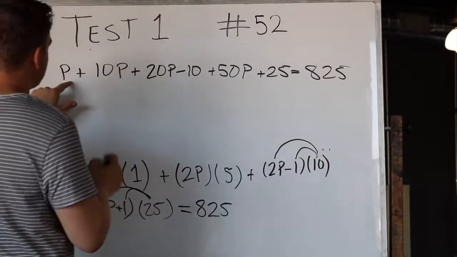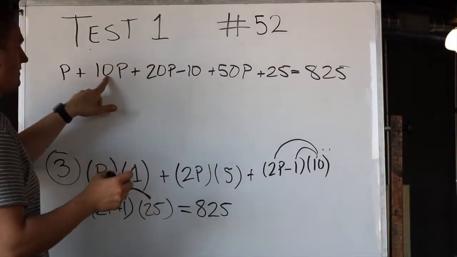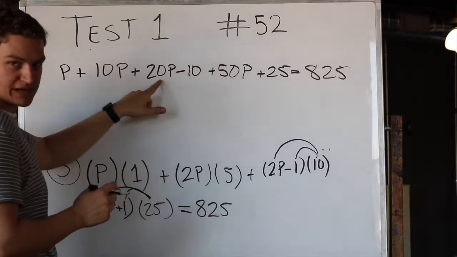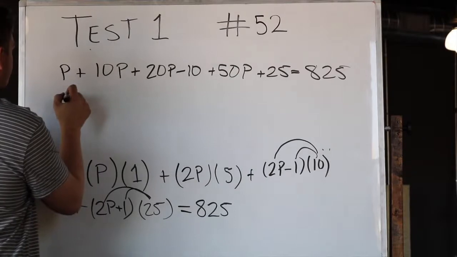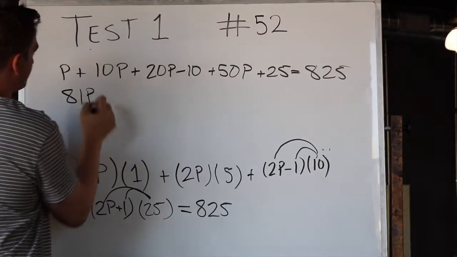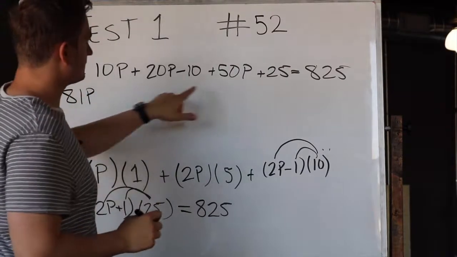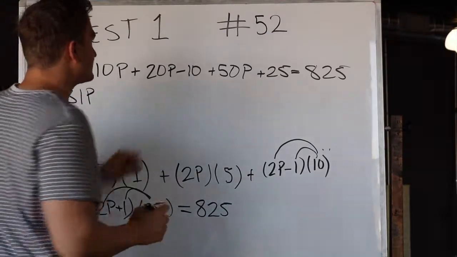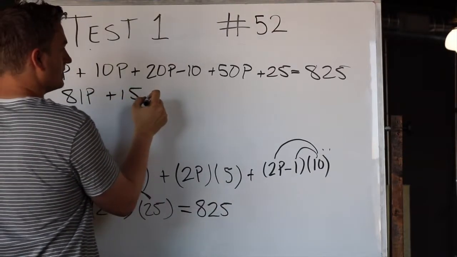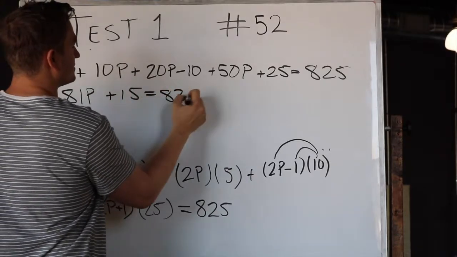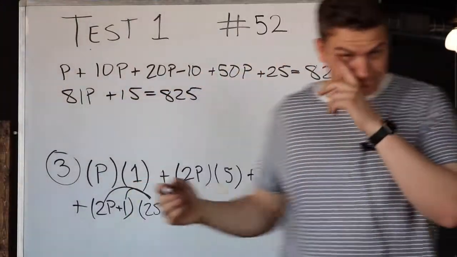Now let's combine our like terms. P plus 10P is 11P, plus 20P is 31P, plus 50P is a total of 81P. And then 25 minus 10 is 15. So we have 81P plus 15 equals 825.